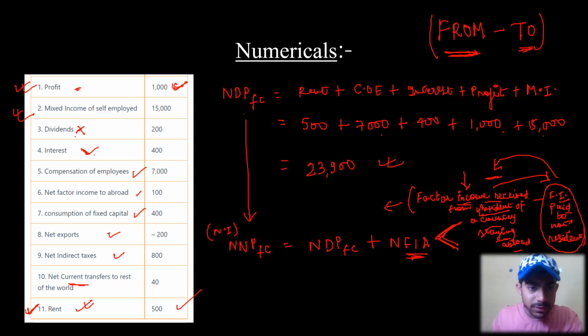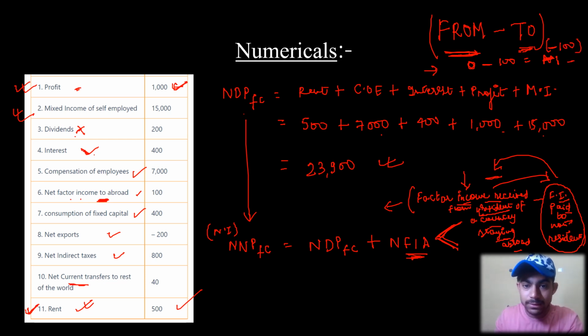In this question, what is given? Net factor income to abroad. I think from is not given. Yes, from is not given. We will consider from as 0 minus to. What is the value of to? 100. So our NFIA came out as minus 100.